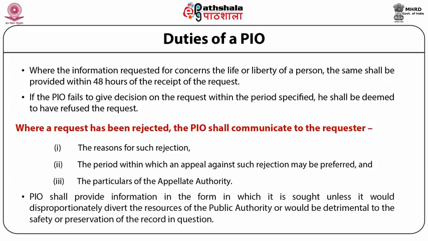The public information officer shall also provide information in the form in which it is sought, unless it would disproportionately divert the resources of the public authority or would be detrimental to the safety or preservation of the record in question.